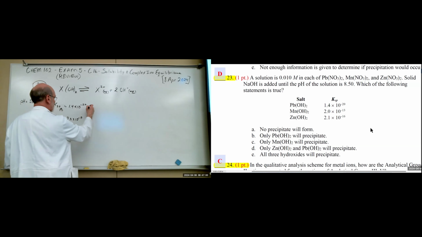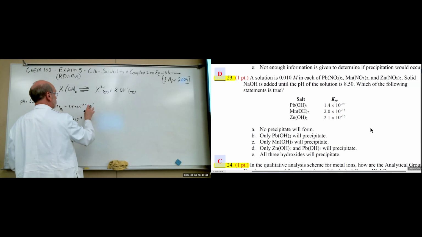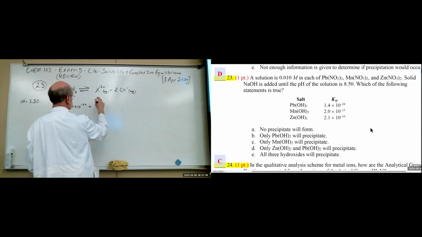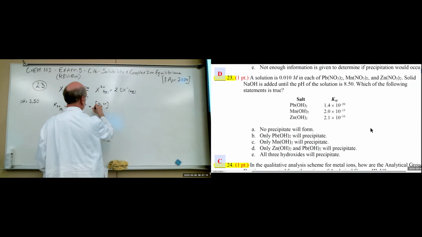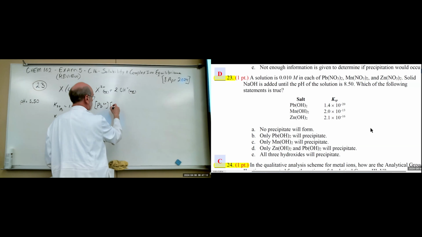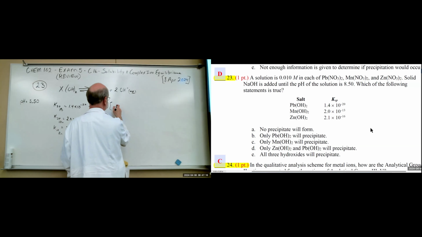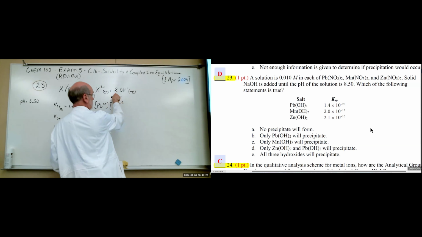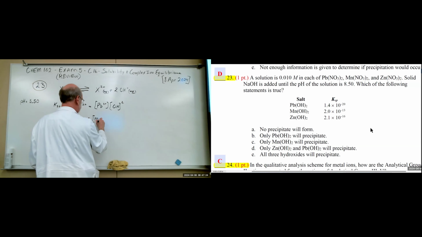These are going to be equal to the concentration of lead times the hydroxyl concentration squared. This would be manganese, and this would be zinc.